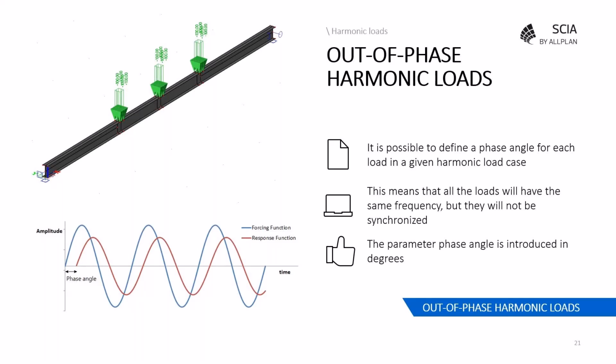If you look at the graphic on the left side, you can see two representations of a harmonic response. The red one has a phase angle with regards to the blue one. At t equals 0, the blue one has an amplitude equal to 0, but the amplitude equal to 0 for the second response starts a bit later. This will be identified in terms of degrees in SCIA Engineer.